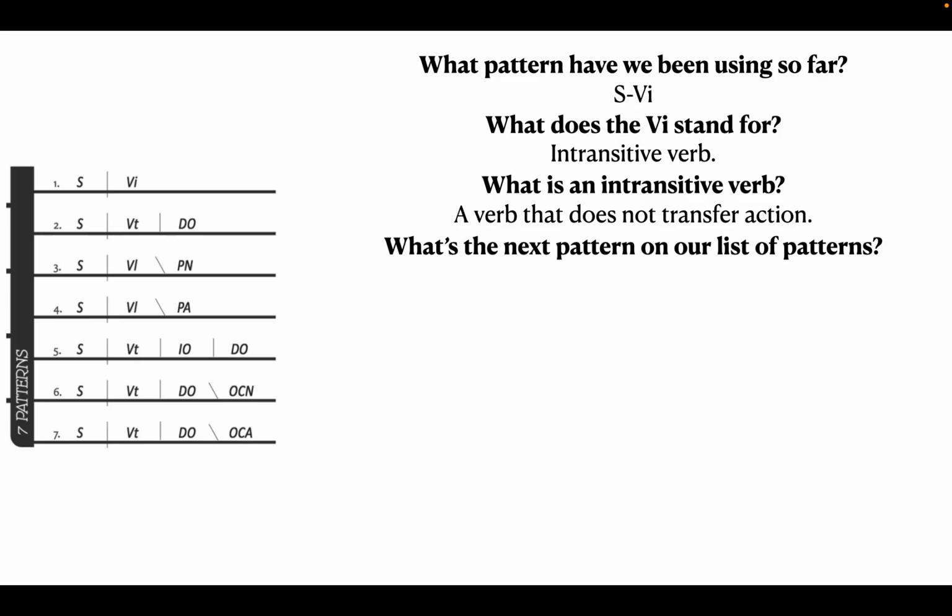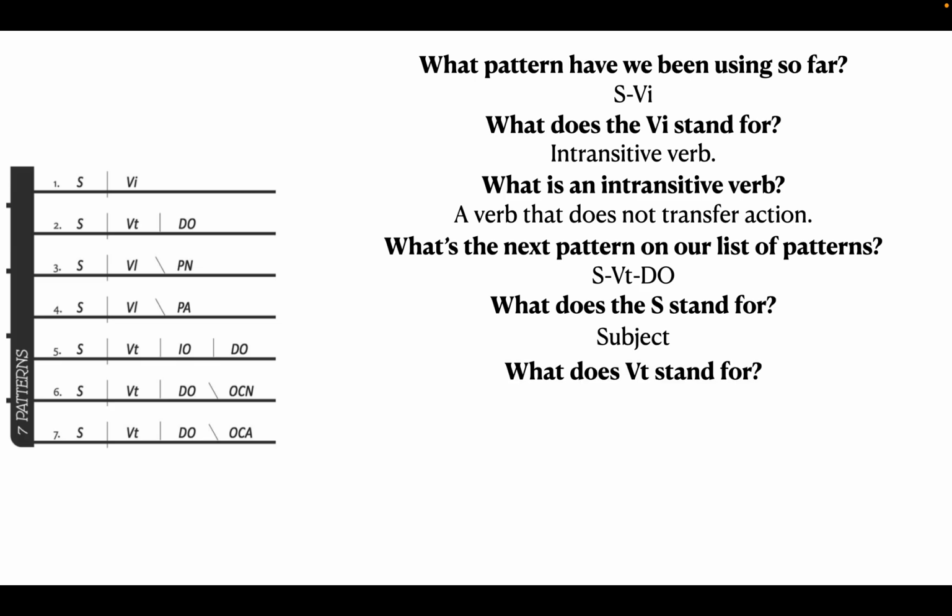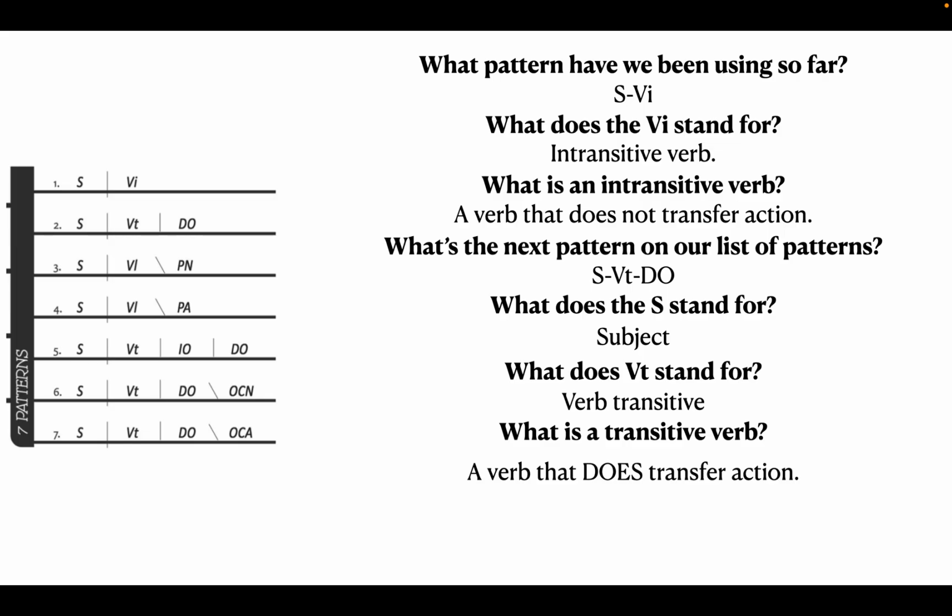So what's the next pattern on our list of patterns? That's right, SVTDO. Just to review, what does the S stand for? That's right, subject. What does VT stand for? Verb transitive. What is a transitive verb? It's a verb that does transfer action.